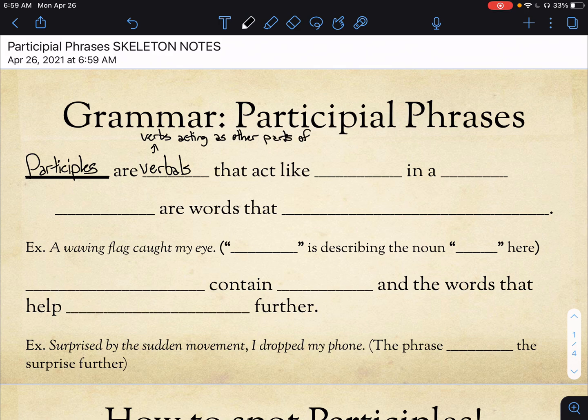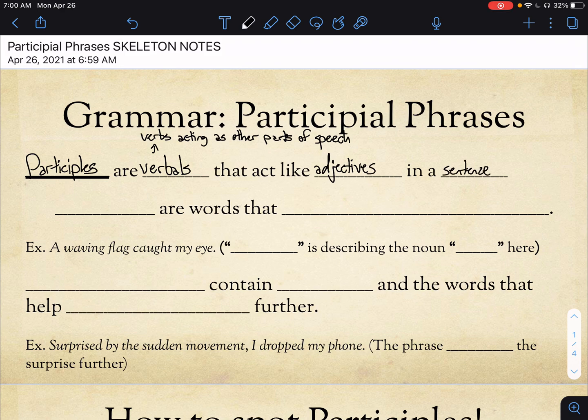So remember, those are verbs when they act as other parts of speech. So they are verbals that act like adjectives in a sentence.